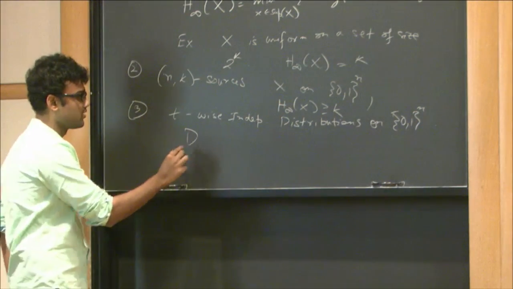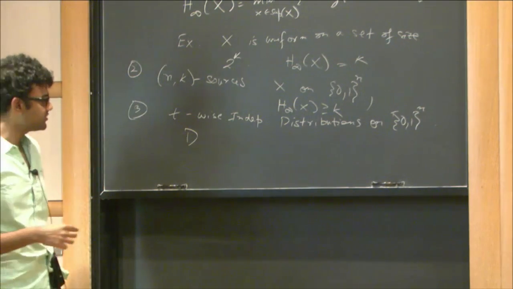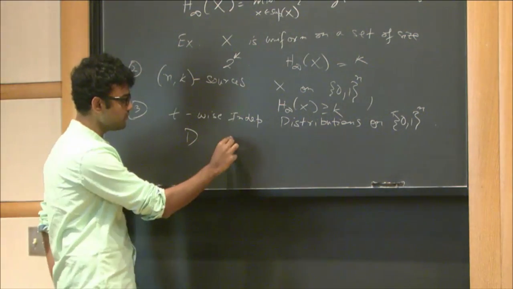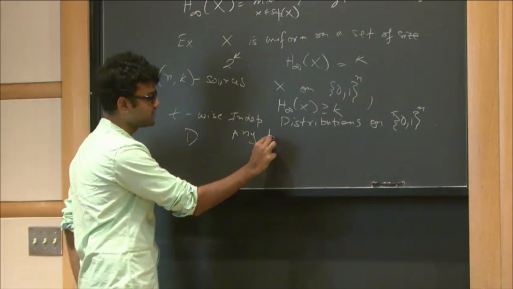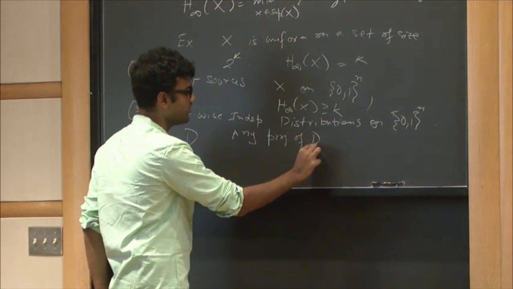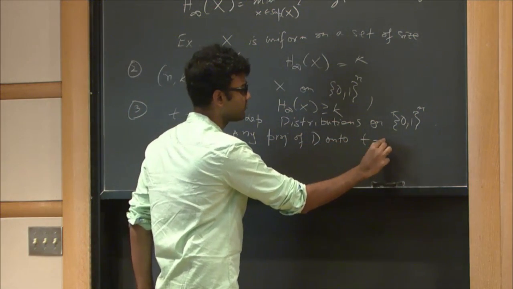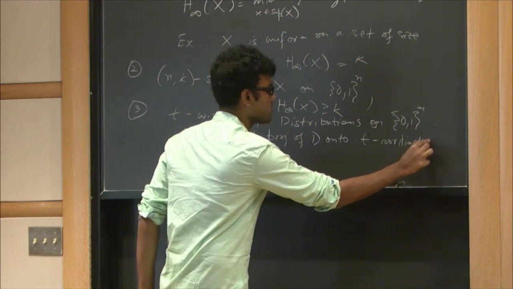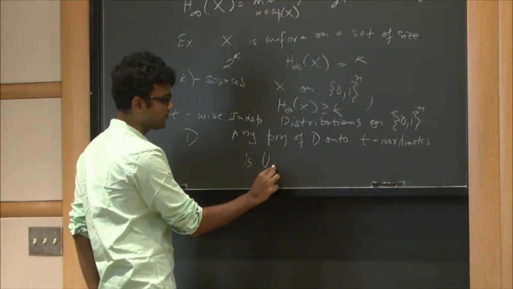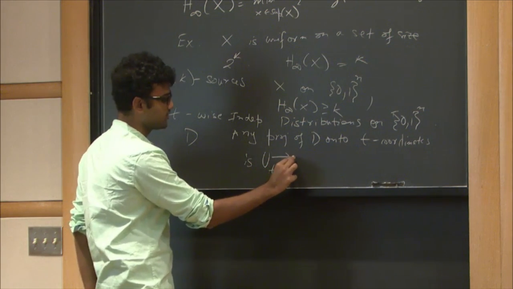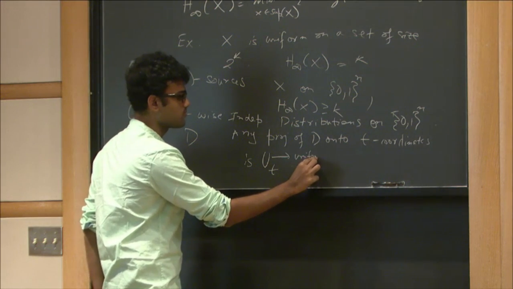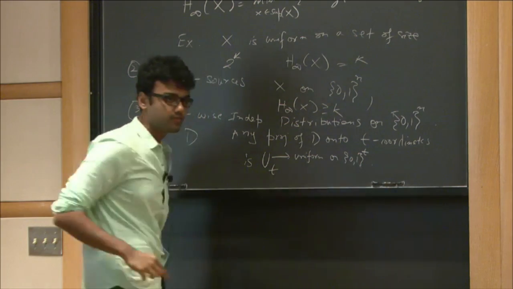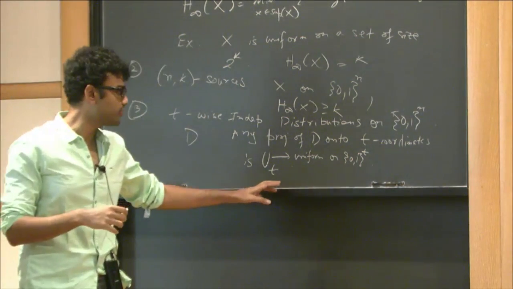So D is a t-wise independent distribution on n-bit strings if any projection of D onto t coordinates is the distribution U_t, where U_t is uniform on t-bit strings.